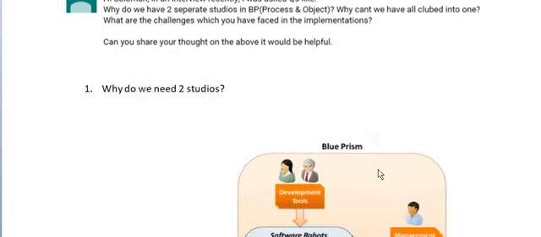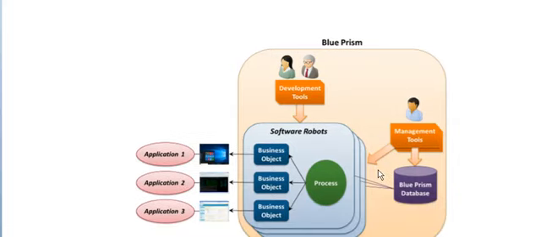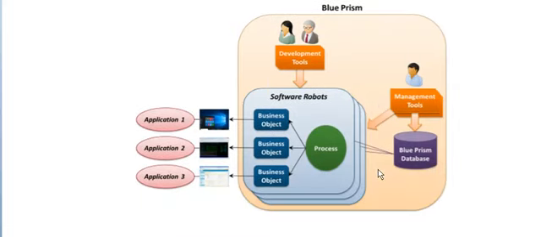Actually, in Blue Prism, we have Process Studio and Object Studio. So when we see this diagram, we can understand one thing.